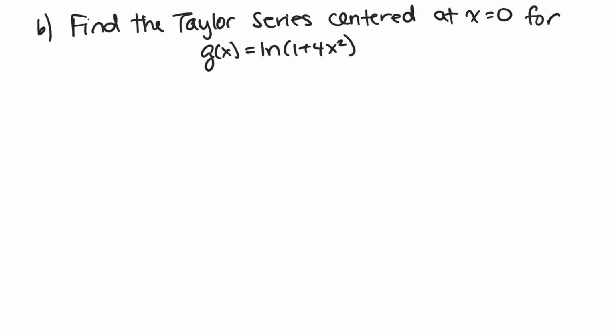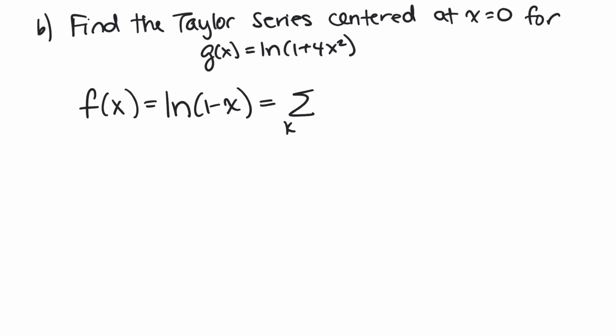Now we want to find a Taylor series centered at x equals 0 for g of x equals the natural log of 1 plus 4x squared. But we know that f of x equaling natural log of 1 minus x has a Taylor series of the sum k goes from 0 to infinity of negative 1 times x to the k plus 1 over k plus 1.